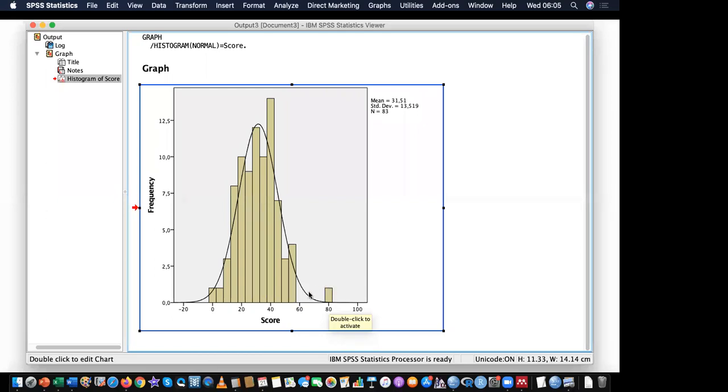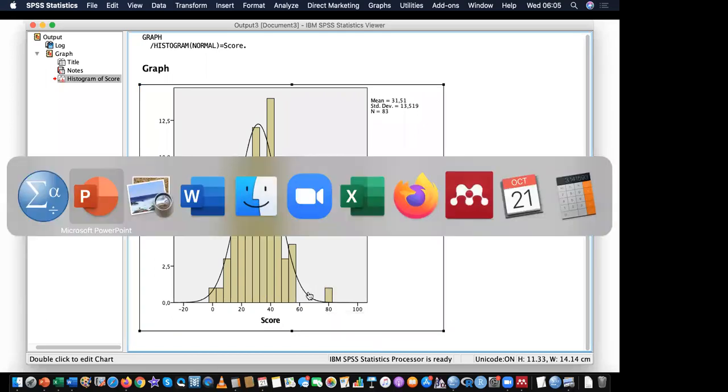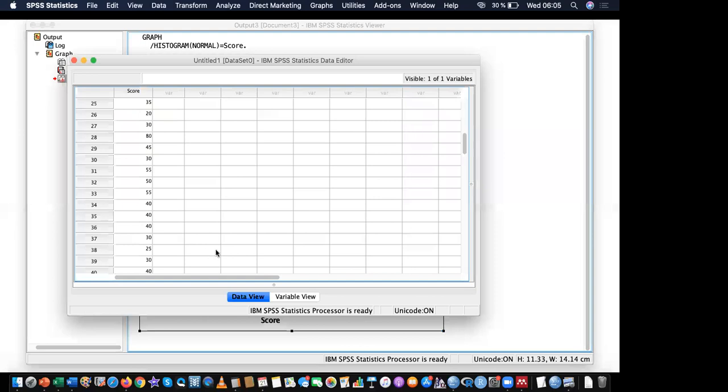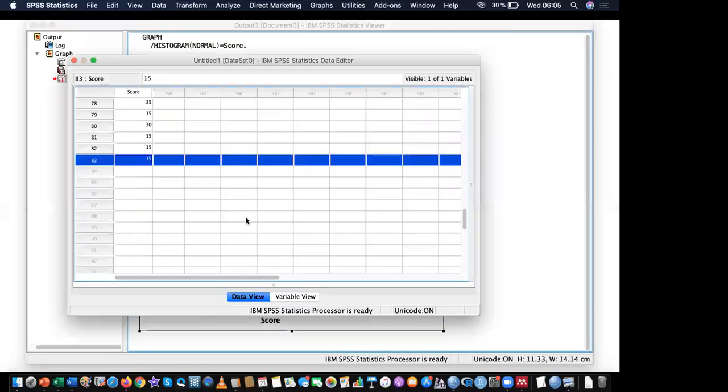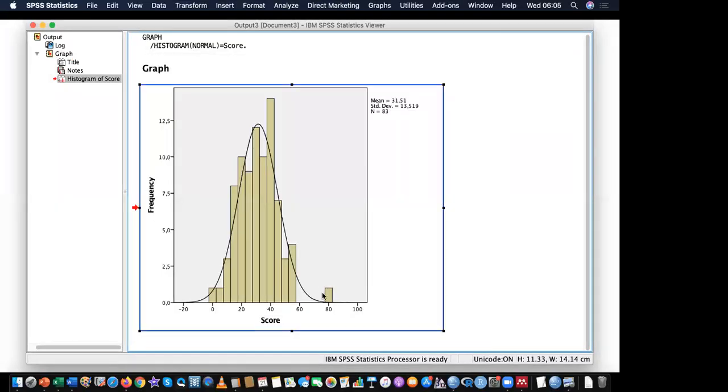And since we have a fairly high number of cases, 83 students in this class taking this exam, this one person with an extreme value or outlier is not that important. It is still, as you see, a highly normally distributed curve.